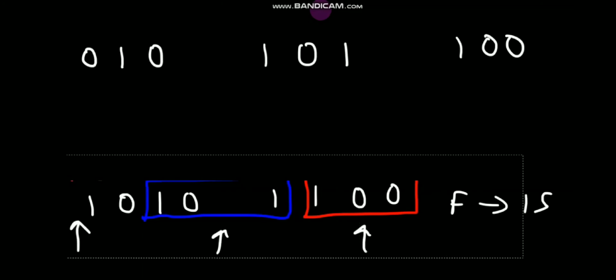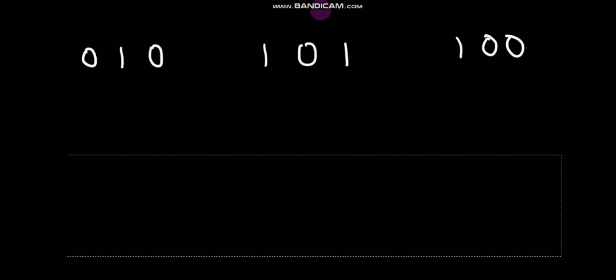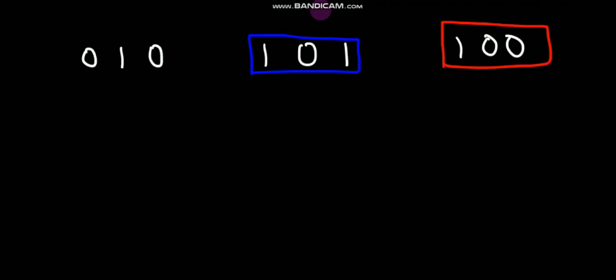Now we will use the 3-bit notation, meaning 4 2 1, and we will add the numbers where 1 is there. So which is a 3-bit representation.